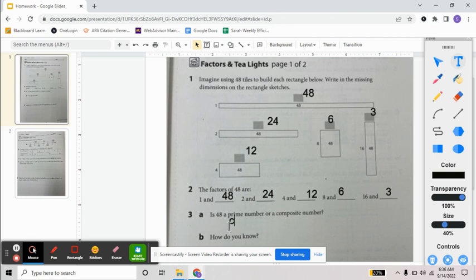So our answer would be composite. How do we know?